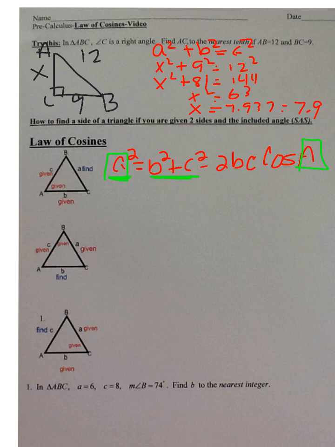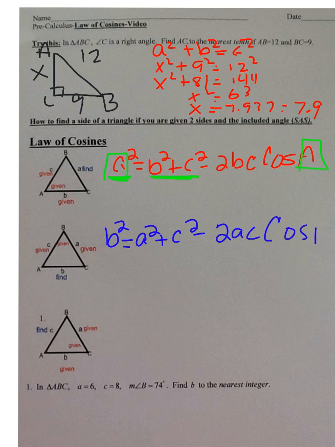So take a look at the next triangle. We have triangle ABC. Given sides A and C, angle B, we're looking for side B. So law of cosines would be b squared equals a squared plus c squared minus 2ac cosine of angle B. Notice that the side and the angle match up.